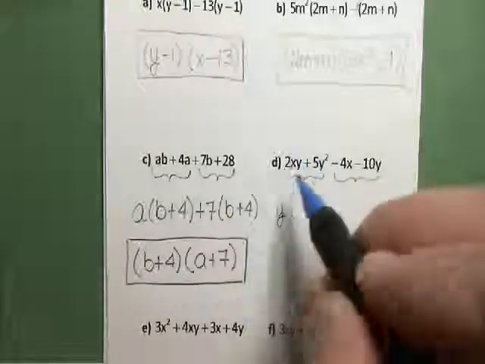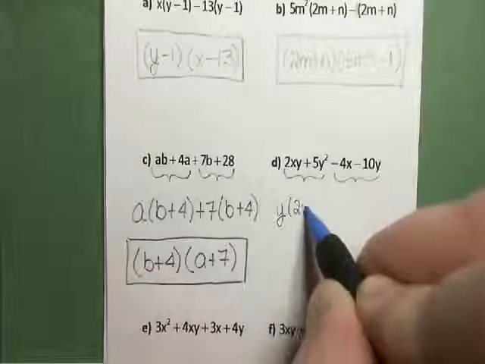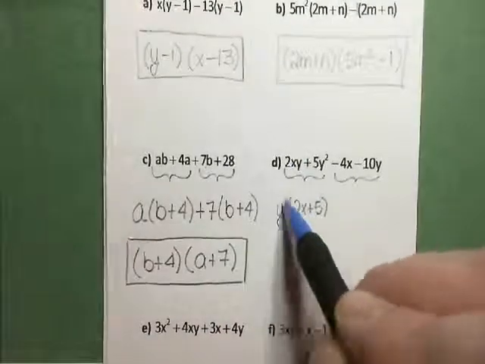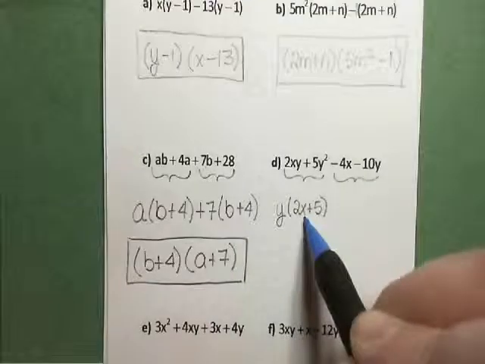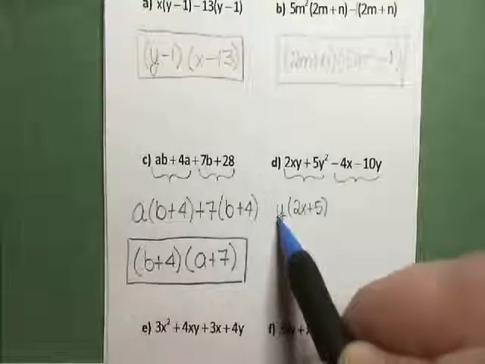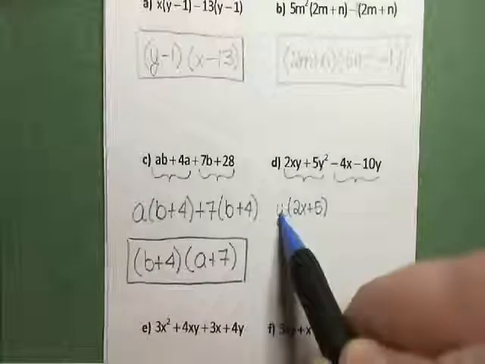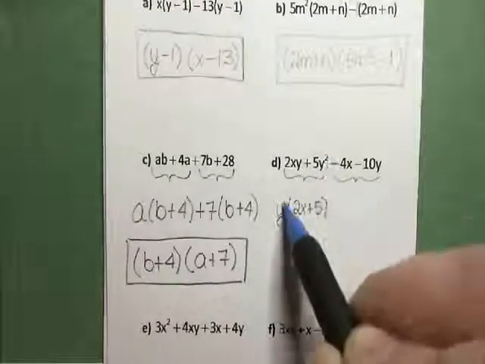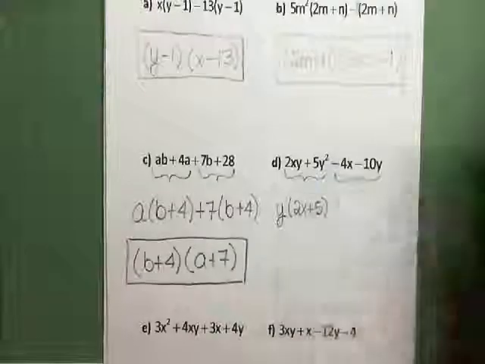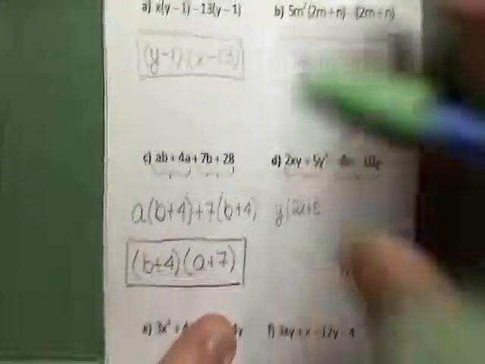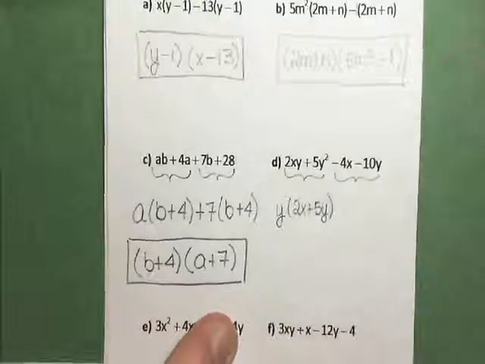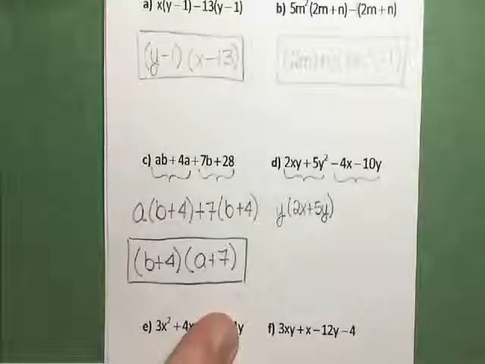If I factor out y, this becomes 2x plus 5y, because 2xy divided by y leaves 2x, and 5y squared divided by y leaves 5y. I'm sorry, it's supposed to be 5y. Alright? Okay.